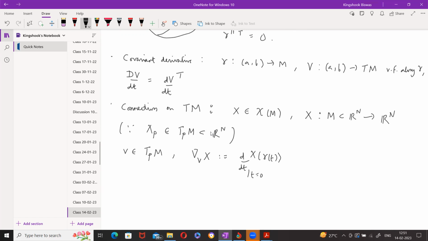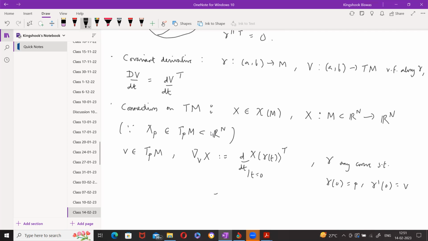This will give me a vector in R capital N, and then I take the tangential component, where gamma is any curve such that gamma 0 is P, gamma prime 0 is V. Make sense?